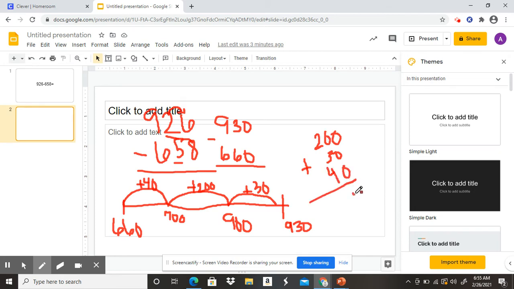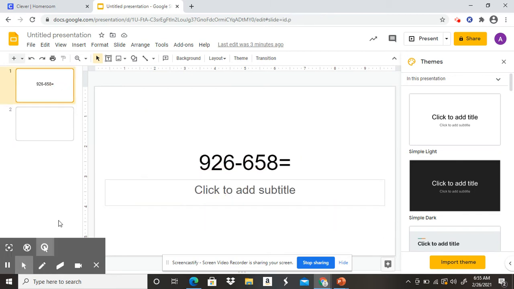That goes 0 there, 3 plus 4 is 7, and then I have my 2. So what's my estimate? Well, my estimate is 270, but I'm not finished, because once I find the estimate, I have to also go back and find the actual difference, the actual answer, to compare those. So that's what I'm going to do. I'm going to go back to my first slide here, and I am going to find the difference there, okay?